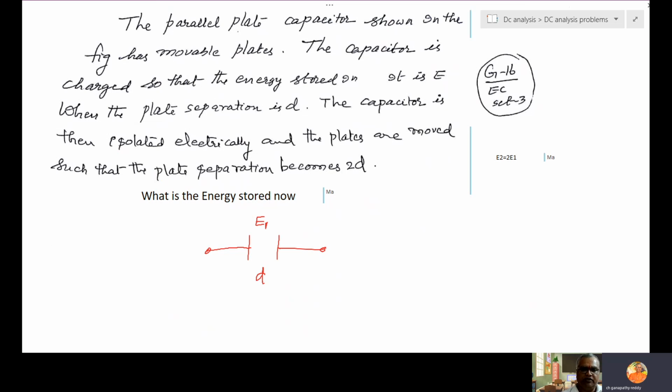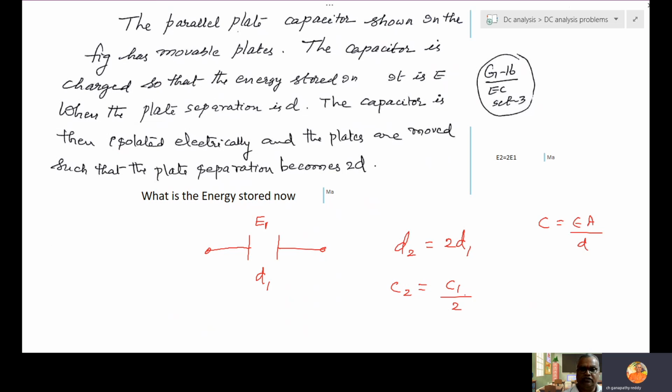When the distance is D1, D2 is double, so 2D1. Then what is the C2 value? C2 is C1 by 2. Why? C is equal to epsilon A by D, so D doubling means the capacitance becomes half.